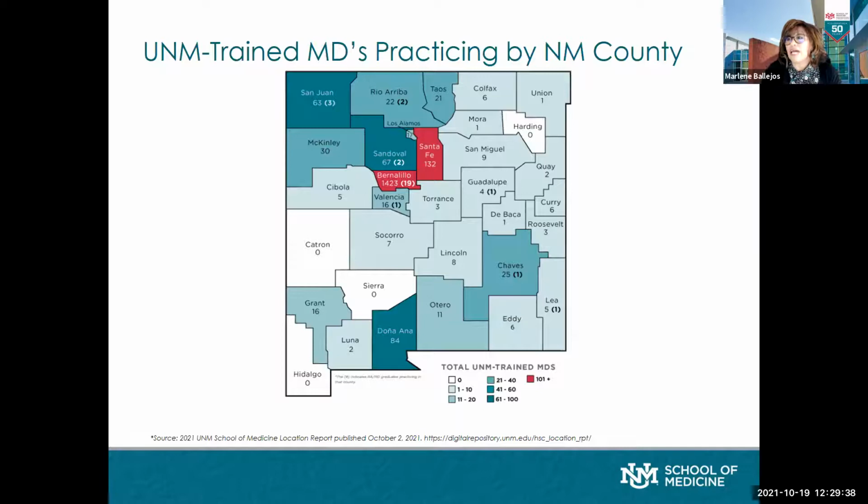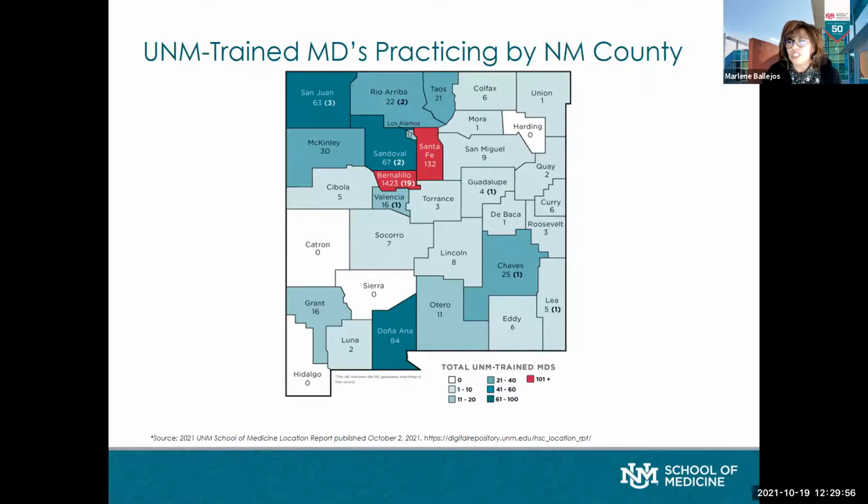This data is a snapshot of all our UNM-trained MDs practicing in New Mexico counties. As you can see, Bernalillo County, the one in red, is the most urbanized, which is where Albuquerque is located, and we only have one medical school in the state.